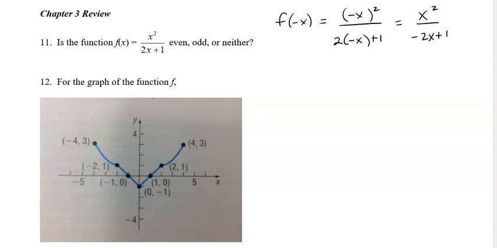To make it odd, either the numerator has to change completely or the denominator has to change completely. What I mean is this denominator needs to become negative 2x minus 1. And that did not happen. It changed partially, but not completely. So my answer for number 11 is going to be neither.